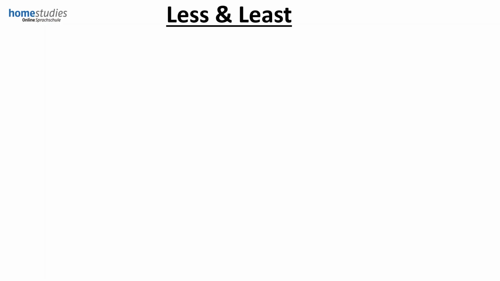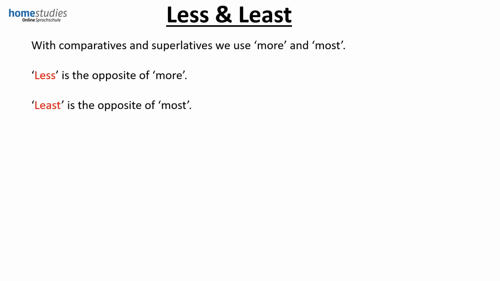Let's have a look at using less and least. So with comparatives and superlatives, we use more and most. So all you need to know is that less is the opposite of more and least is the opposite of most. Let's have a look at some examples using less and least.